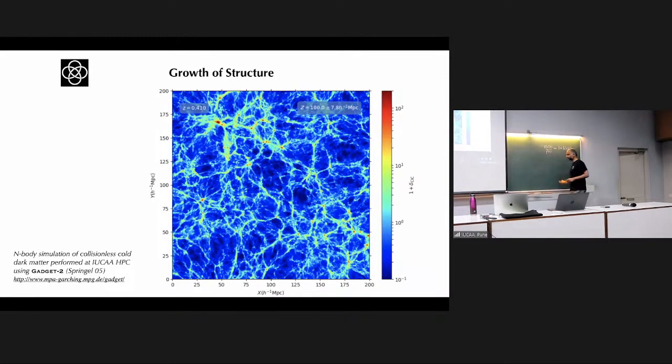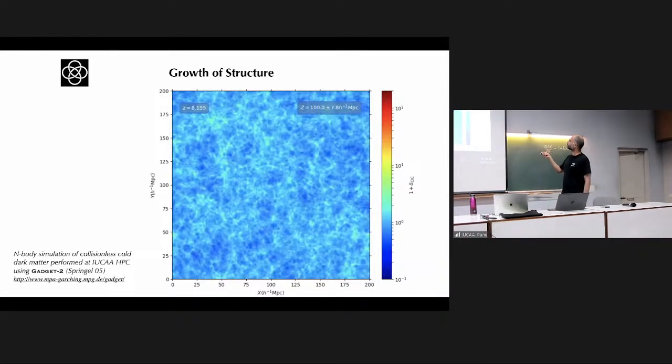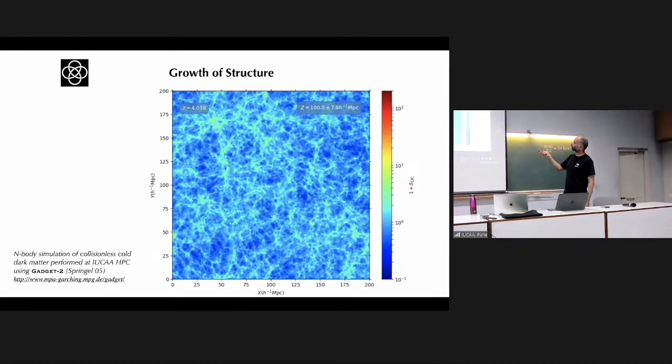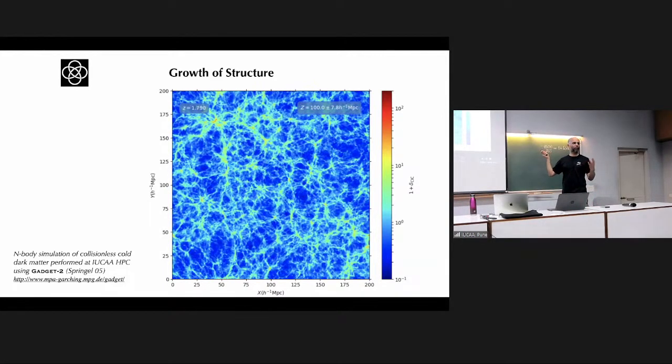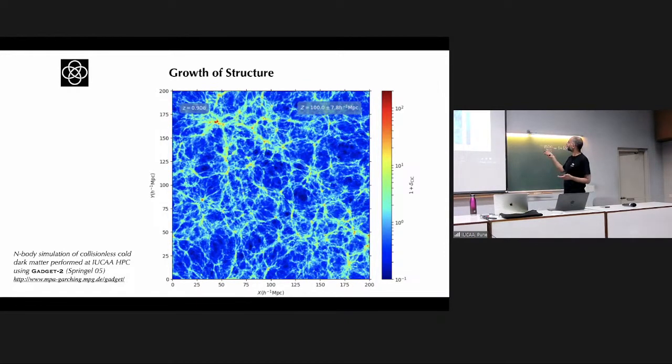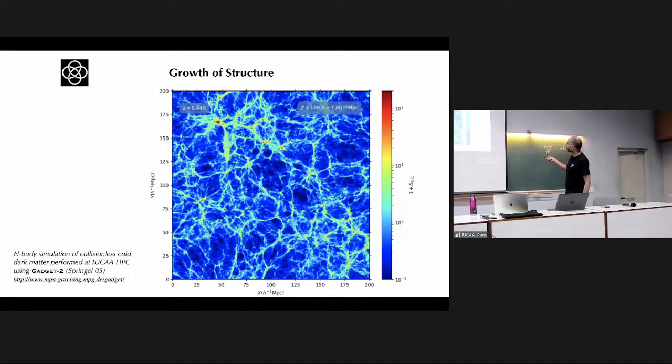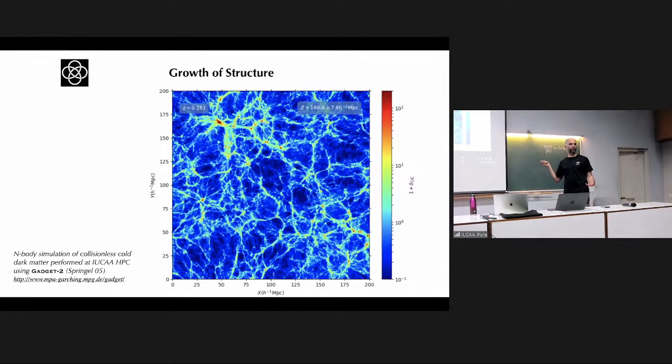Okay, so this 1 plus delta is shown on a logarithmic scale. Wherever you see red, there will be a red patch forming, and that place is more than 100 times the mean density of the universe. And where you see deep blue, you're going down to densities that are less than 1/10 of the mean density of the universe.